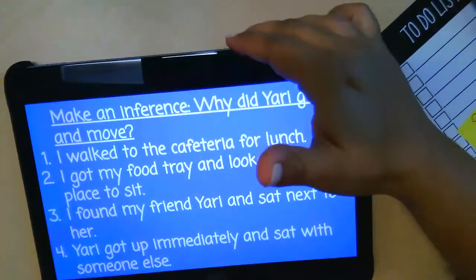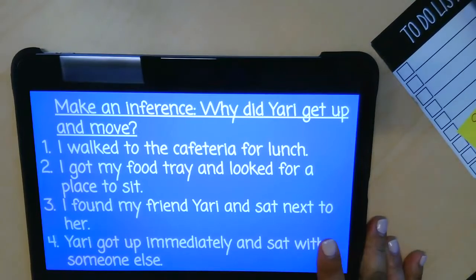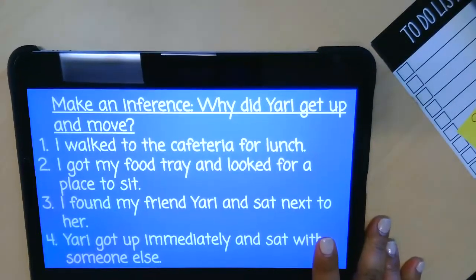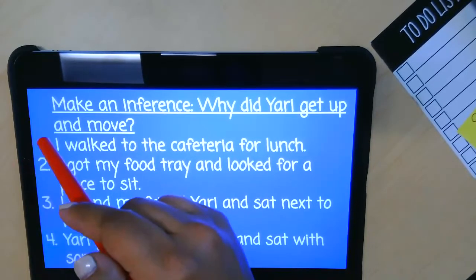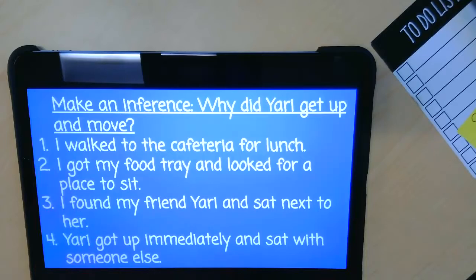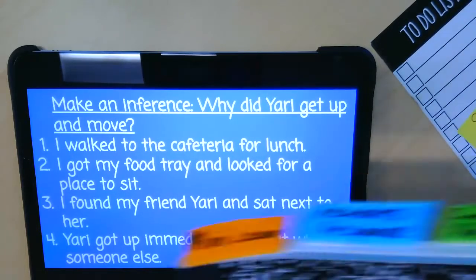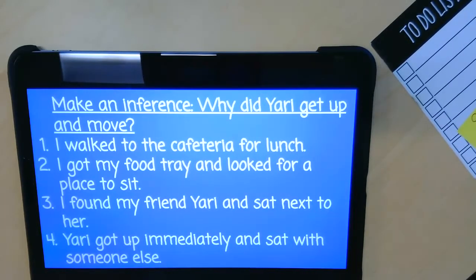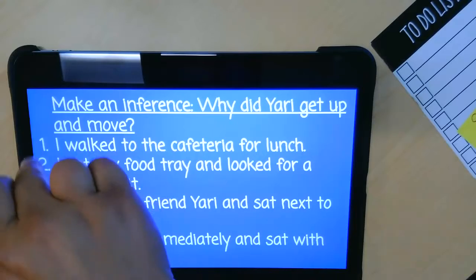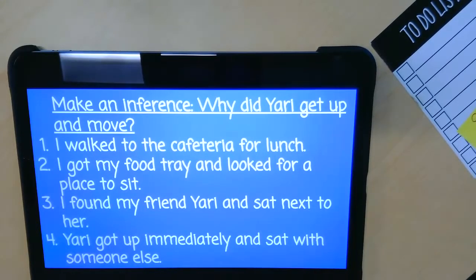Okay, so first question, make an inference. Why did Yadi get up and move? Okay, and here you can see that there's 1, 2, 3, 4 lines. These are not questions, these are lines. So just like sometimes on your exams, on maybe a poem, you sometimes see numbers off to the side and you have questions about a certain number.